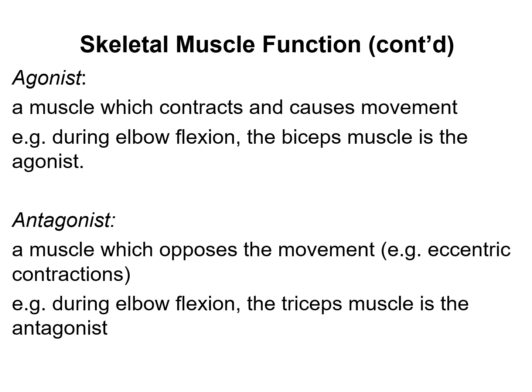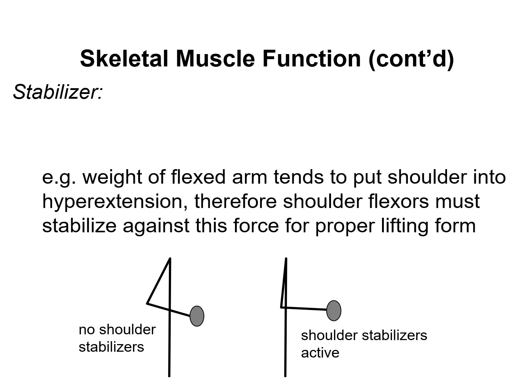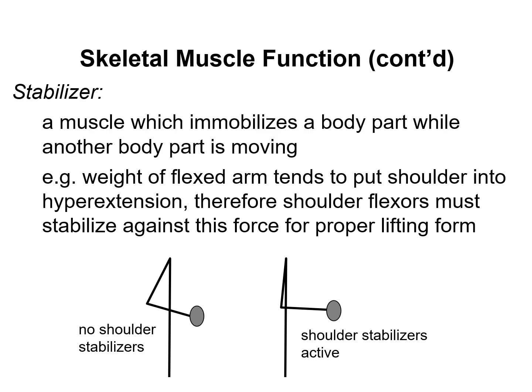Generally in motion, what we see is that the agonist concentrically contracts while the antagonist relaxes. We also have a role of muscles called a stabilizer. A stabilizer muscle immobilizes a body part while another body part is moving.